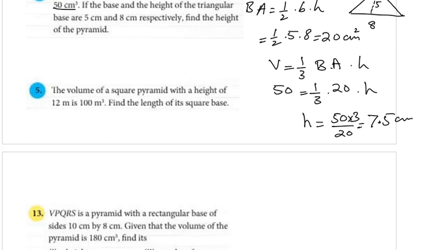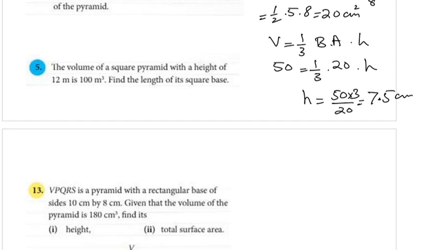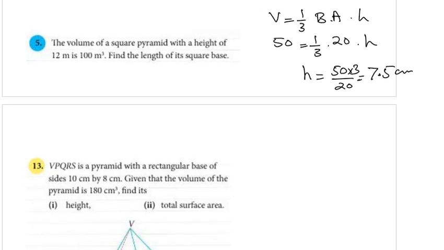In question number 5, the volume of a square pyramid with a height of 12 meters is 100 meters cube. Find the length of its square base. It's just a different case. It is not a different type actually. We are just given that it is a square pyramid. A square pyramid, when we understand it, is a square base whose area is given.